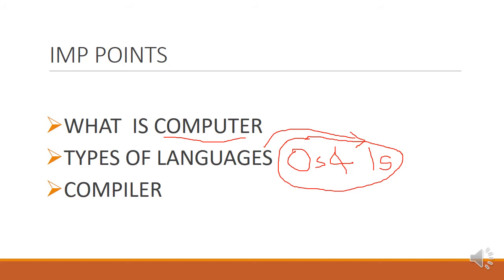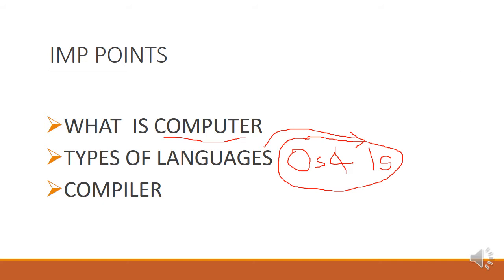Next, high level language. What do you mean by high level language? We write the program using English words. Okay, just as you use English, in the same way we write the program, then it is called a high level language.